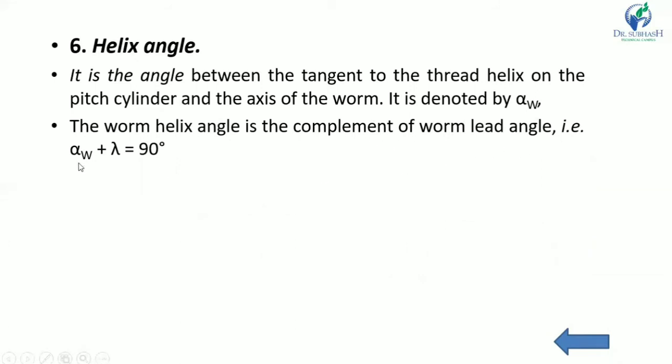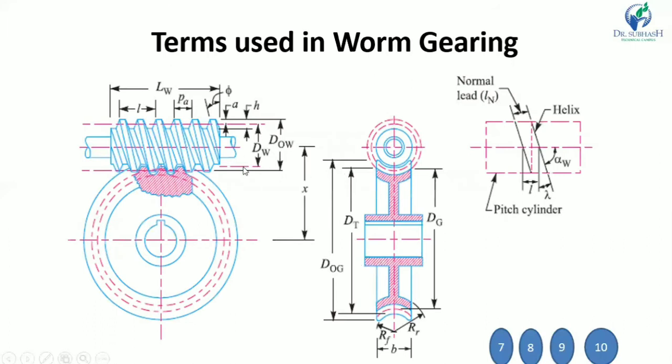Therefore we can say alpha W plus lambda is equal to 90 degree. Here you can see this angle alpha W plus this lambda is equal to 90. So this angle is alpha W.